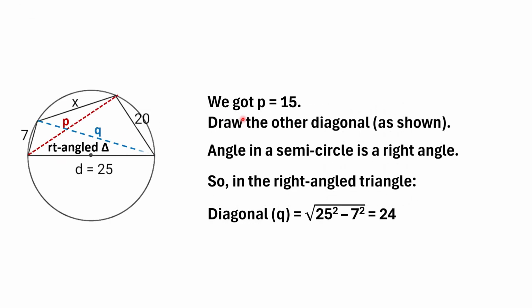Now we draw the other diagonal. See the blue dotted line. Supposing the length is Q. Again, angle in a semicircle is a right angle.